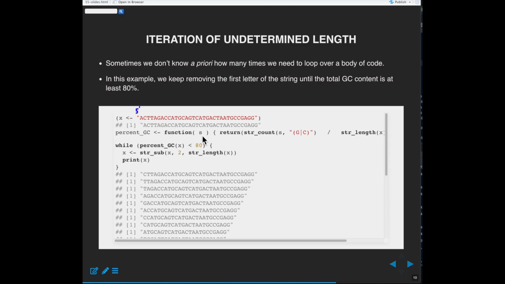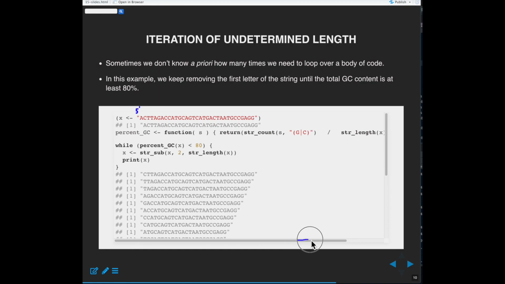This function takes a string, S, and it returns the string count, the number of times that G or C appear in S. So remember, this is a regular expression that we talked about a little bit here. This means either a G or a C, okay? And in the string S that's passed to the function.